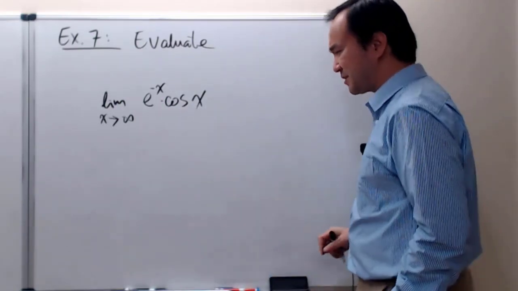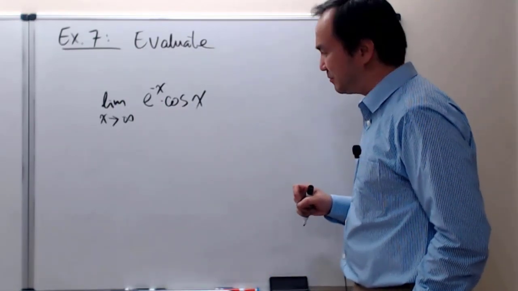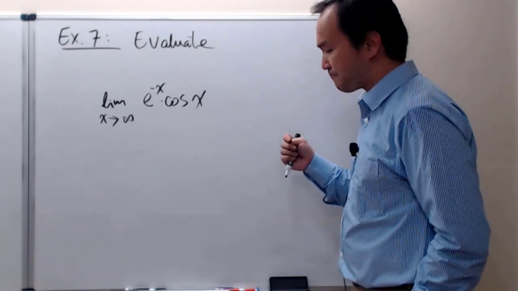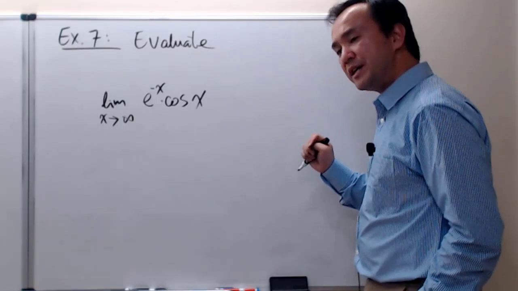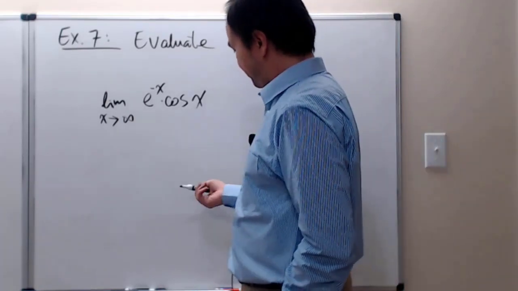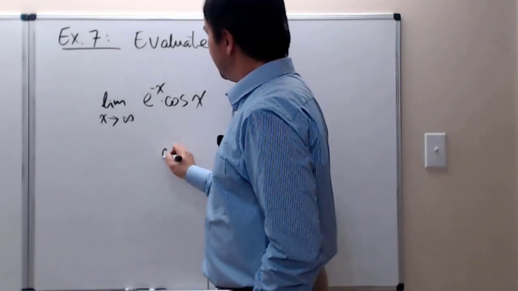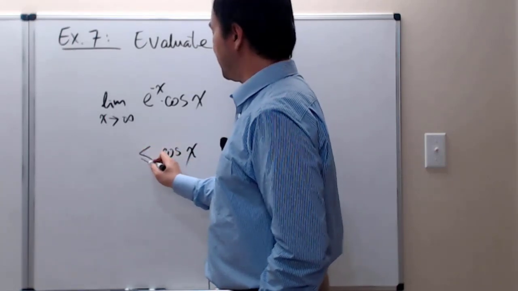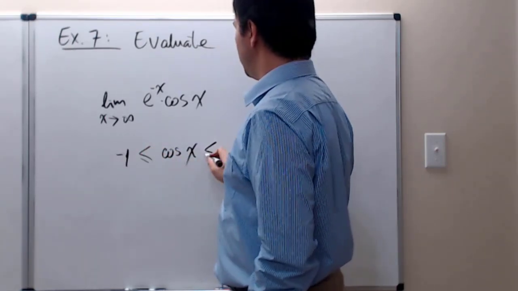But now here's something that we have learned before that will become handy here: the squeeze theorem. Cosine of x is famously known to be anywhere from -1 to 1.